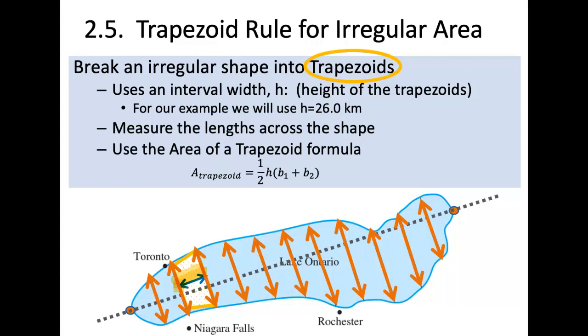And then the next step is to measure the lengths across the shape. So we're going to go back to these red lines here and measure those lengths going across the shape. Then we're going to use the area of a trapezoid to help us solve this. Okay, so let's see what we can do with that.